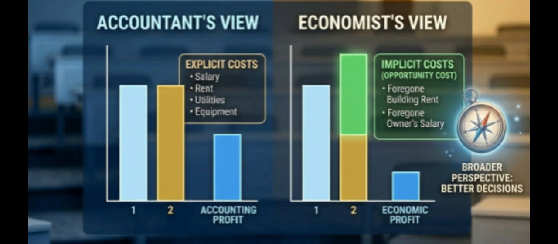For example, salaries, rent, utilities, equipment purchases, etc. Economists, however, focus on opportunity cost, which represents the value of the best alternative use of a resource. Imagine an entrepreneur who owns a building and uses it to run their own business. From an accounting perspective, the cost appears to be zero.